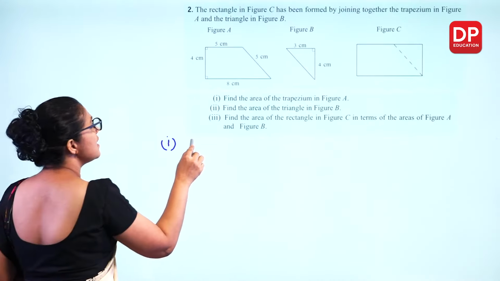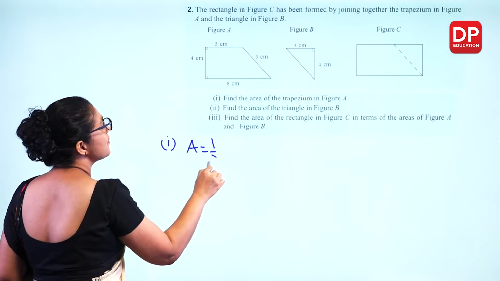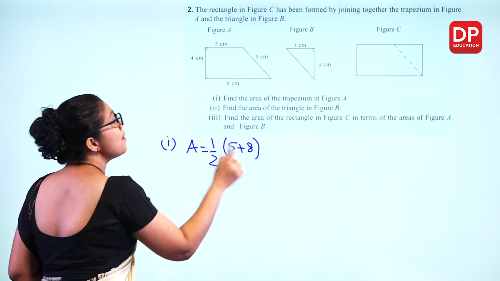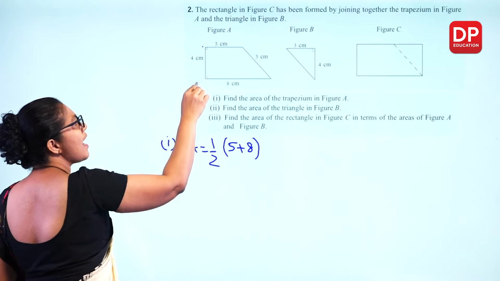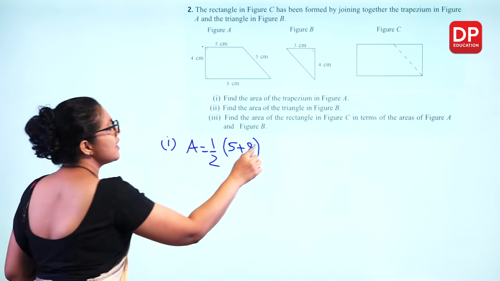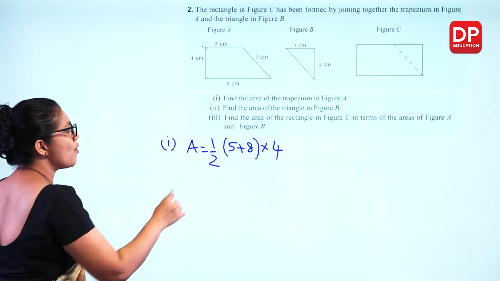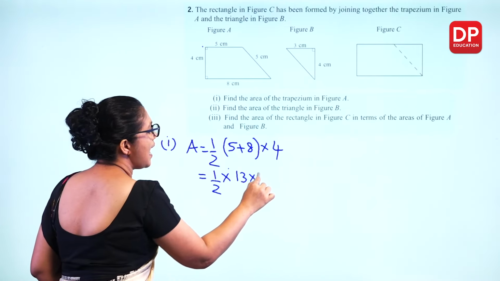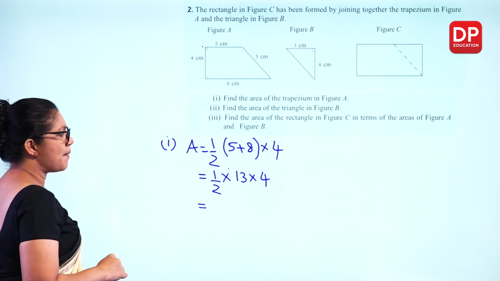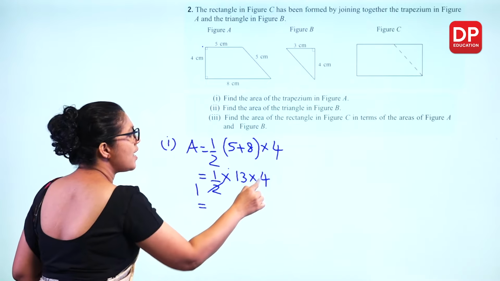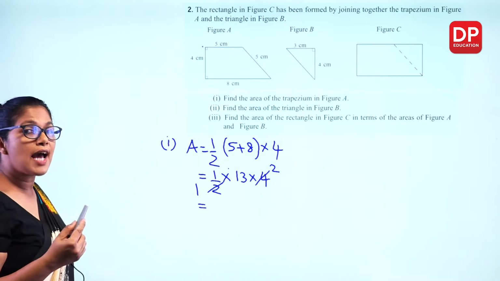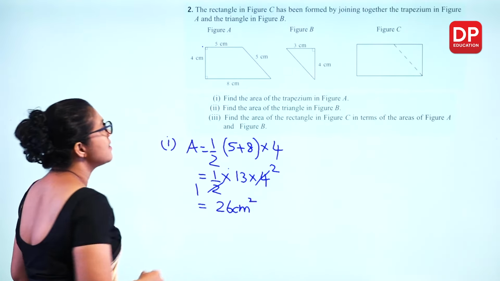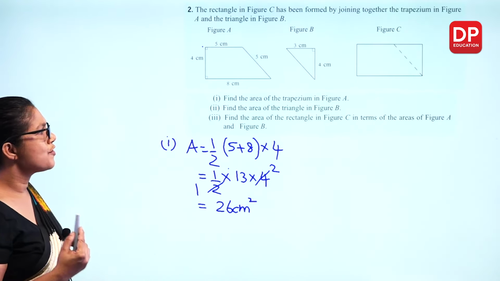Here you need only the parallel sides, so that means 5 and 8, and the perpendicular height. Perpendicular height is 4. So here you are multiplying this by 4. Try to simplify this. 5 plus 8 is 13 and 4. So when you divide, what happens? 2 times 1, 2 times 2. So 13 times 2, you get 26 square centimeters. So that's the area of the trapezium.